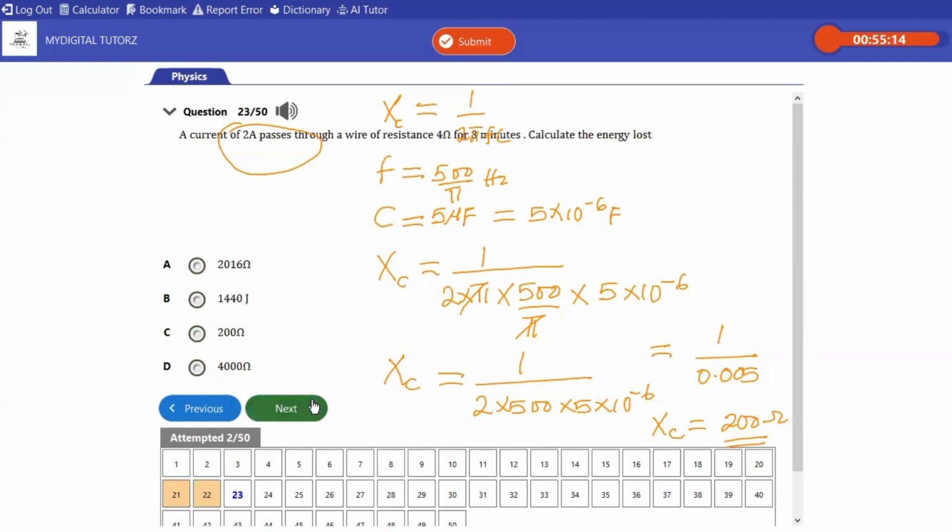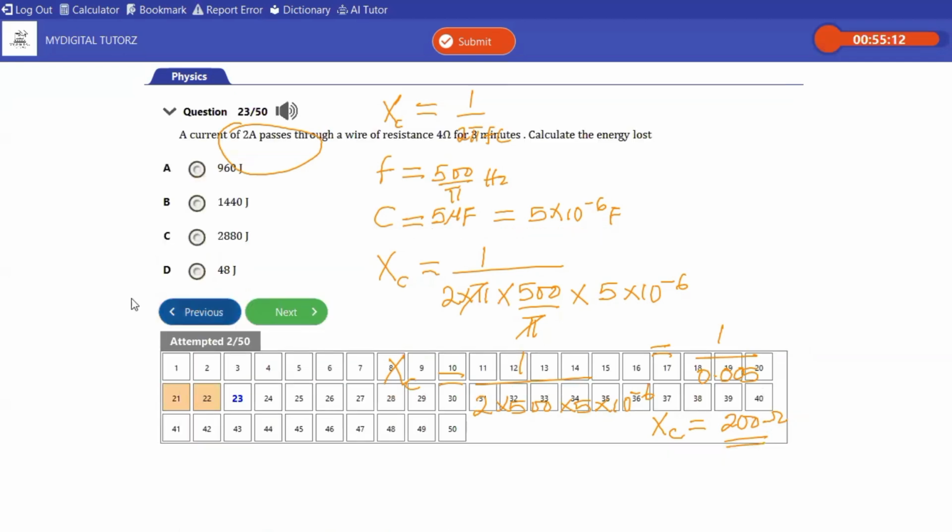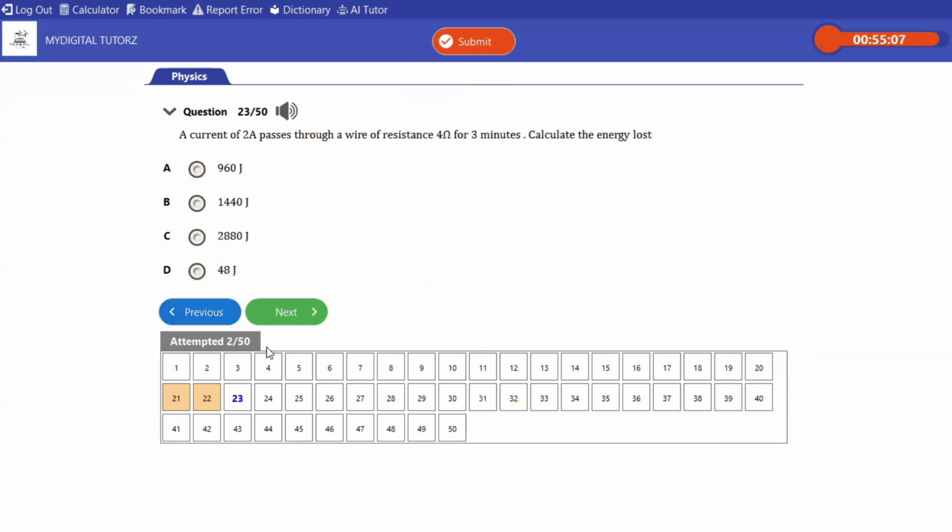So moving on, we have that a current of 2 amps passes through a wire of resistance 4 ohms for 3 minutes. Calculate the energy loss. So energy is equal to P, the power, multiplied by T. The power P is equal to IV, multiplied by the time T. So I have IVT.